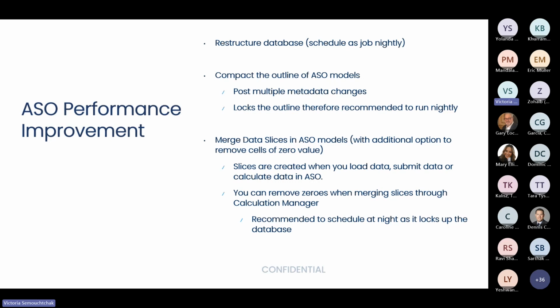Compacting the outline, think of it as like zipping a folder up, right? It is making that outline size a little bit smaller, so less of it has to go into memory when it's pulled. And then the most valuable one, in my opinion, is merging data slices in the ASO model, especially with the option to remove cells of 0 value.